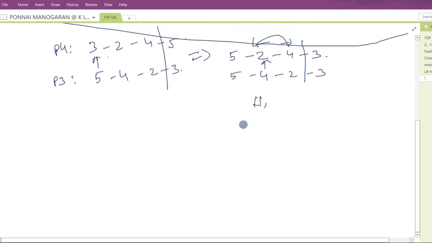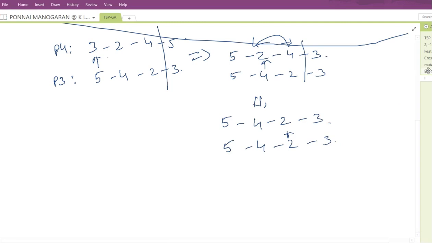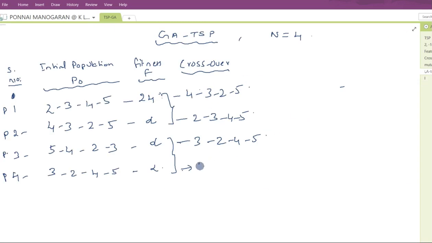As a result, you will get 5 4 2 3 and 5 4 2 3. Anyway, we are getting the same thing, the opposite version: 5 4 2 3.